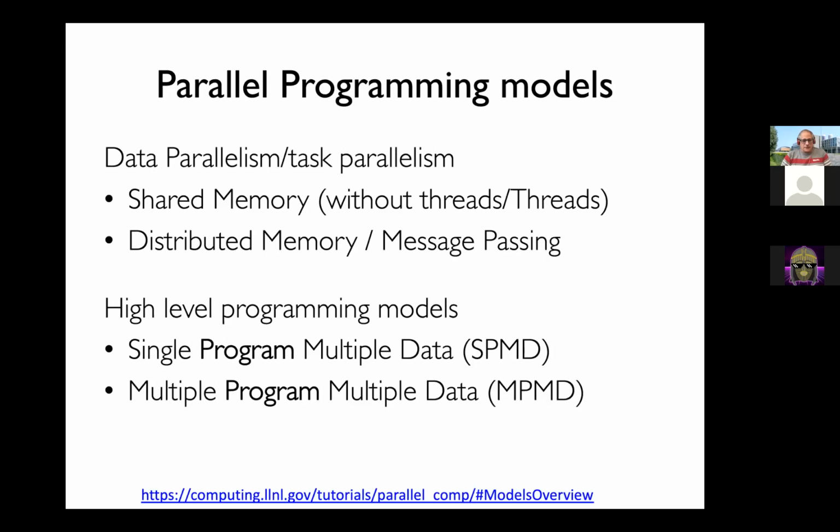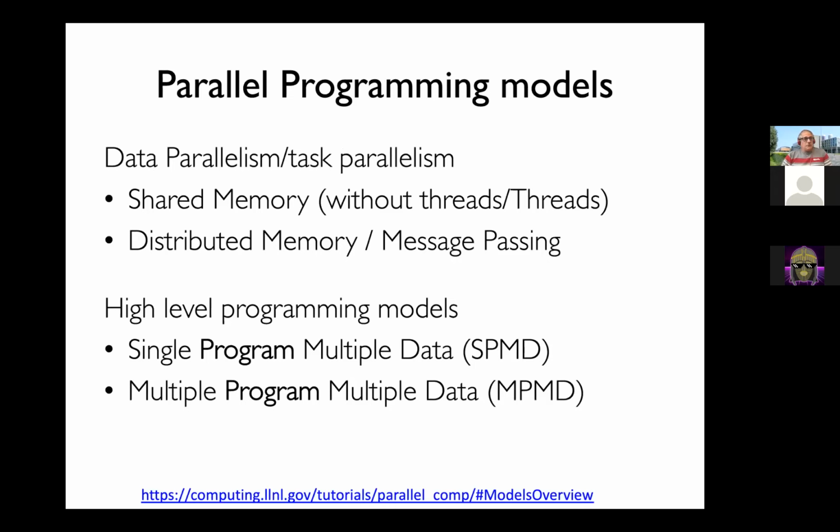this lecture is going to be going through a couple of ways we can parallelize our applications. So there are task and data parallelism based on the architecture, if it is shared memory or distributed memory, with message passing or with threads.